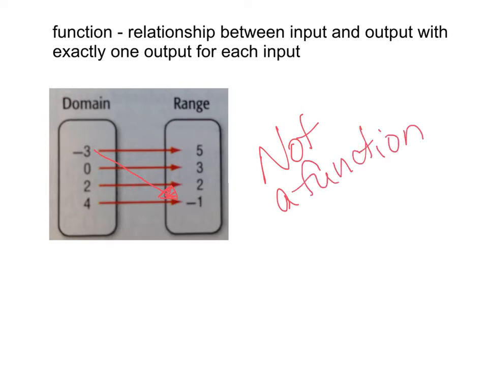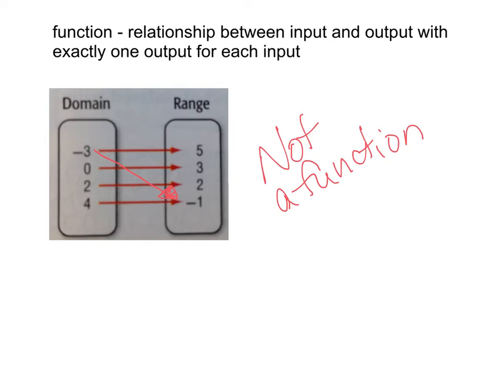Okay, look at your definition again. It's a relationship between input and output with exactly one output for each input. Each member of the domain is paired with exactly one member of the range. Now, in my archery contest, -3 thought I was not looking, and -3 shot at the target -1 as well as -3's own target of 5.